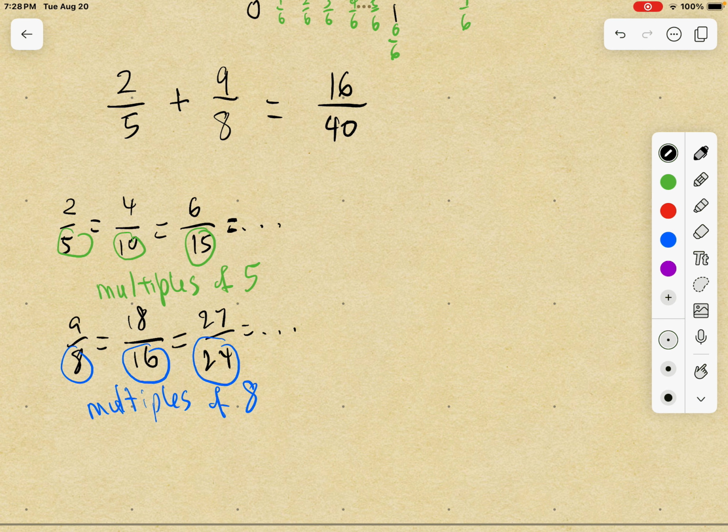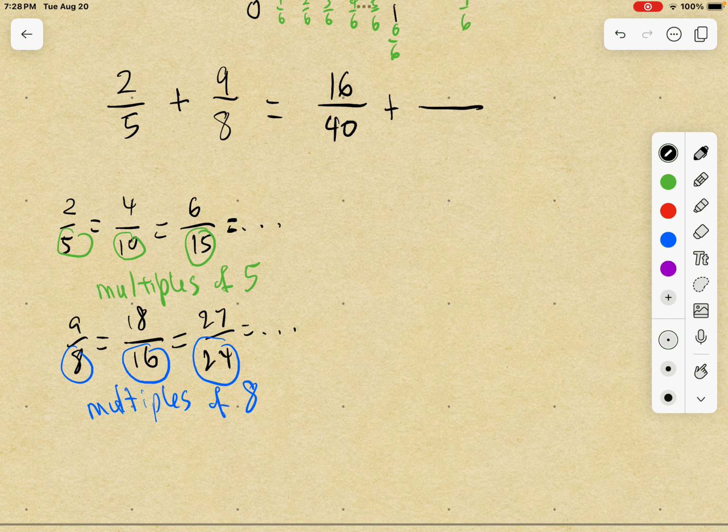Because I'm taking 2/5. When you take 1/5, you chop the segment from 0 to 1 into 40 pieces. And 1/5 becomes 8 over 40, and so 2/5 is 16 over 40.